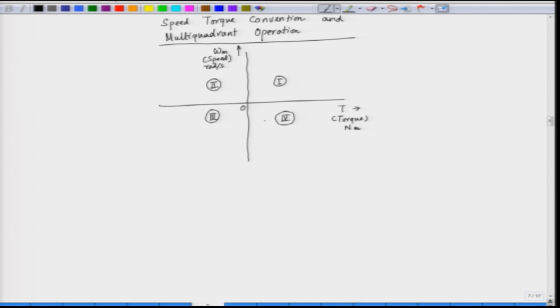So, we have 4 quadrants. In the first quadrant, the speed is positive and torque is also positive. So, when we talk about power, which is the product of speed and torque, that is also positive. We call the first quadrant operation forward motoring.